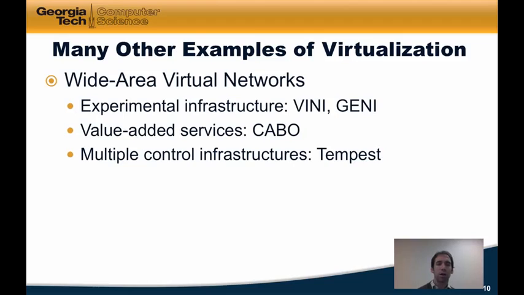One class of virtual networks, which we've already discussed, are those that support virtual networks in the wide area. So there are a variety of classes of wide area virtual networks, some that support network experimentation, such as VINI and GENI, some that support value-added services like CABO, and some that support multiple control infrastructures like the Tempest architecture.